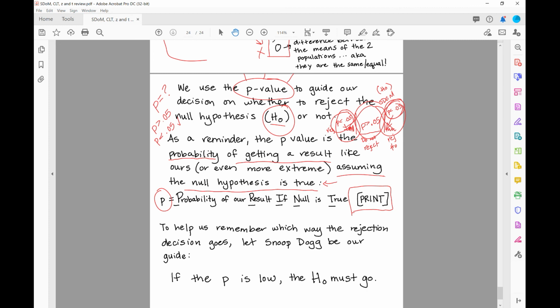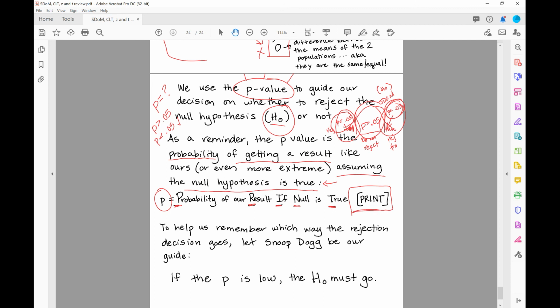Super hard concept. It's the probability of the result that we see, or something more extreme, if the null hypothesis is true. It's the probability of our result if the null is true. And so I use this little acronym to make sure I'm getting it the right way around.